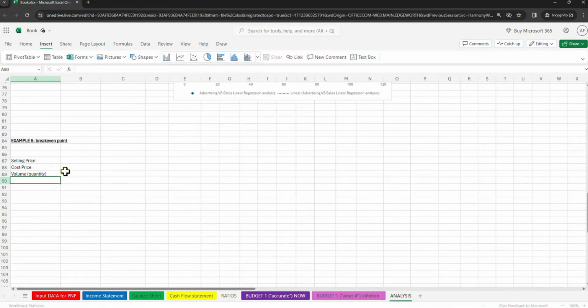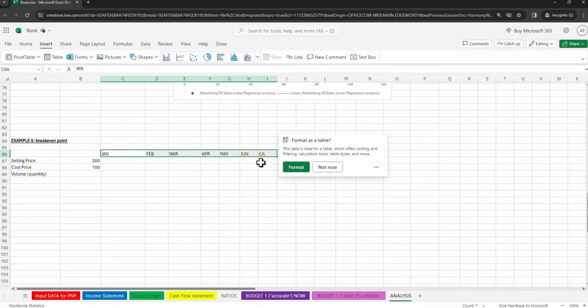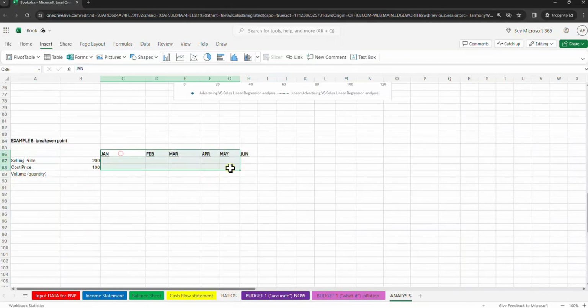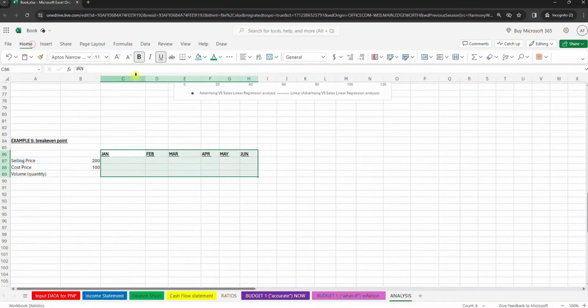Okay, so selling price, let's just use, I don't know, 200. Cost price, let's use 100. Volume will vary based on different months. So let's use January again, all the way through. Let's just use 6 months. Okay, and then let's just assume the volume.